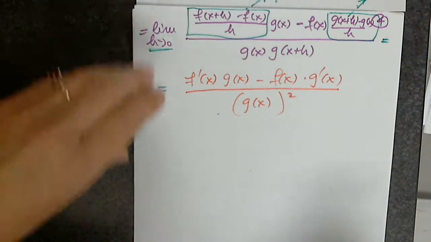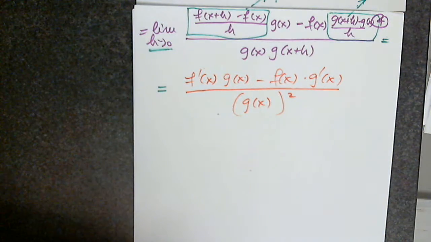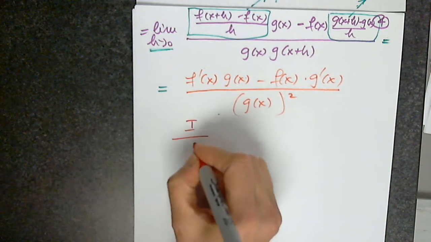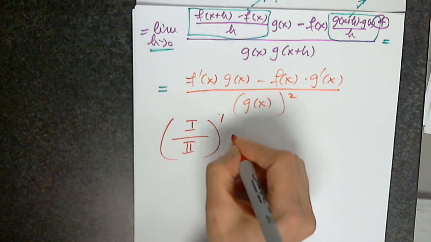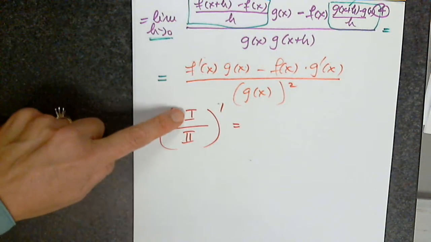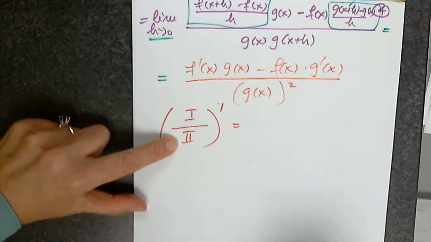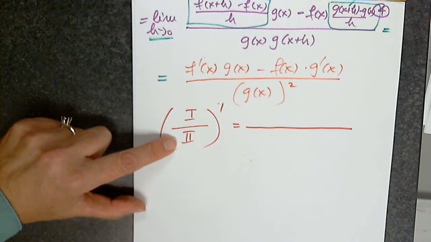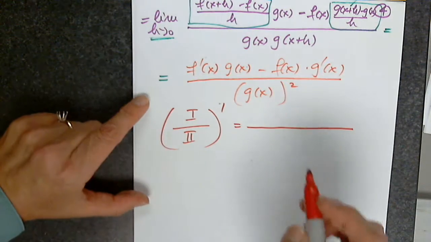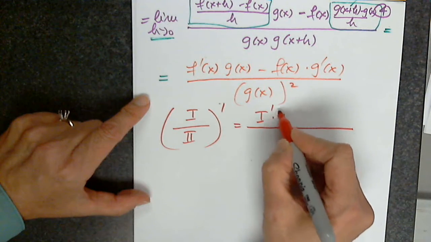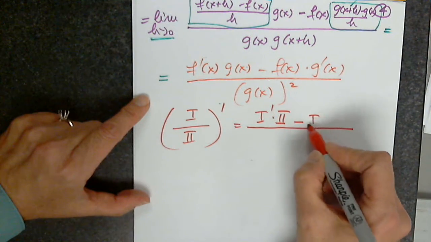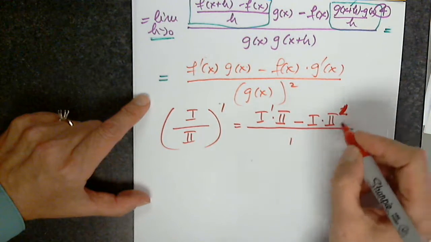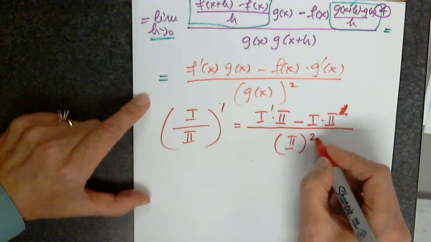So I prefer this order. Your book does not prefer this order. So I would like to finalize the quotient rule. First function over the second function. You choose the method you like. I'm fine with both. But I prefer this order. First function prime times the second function minus the first times the second function prime, oops, I meant prime, over the second function squared.